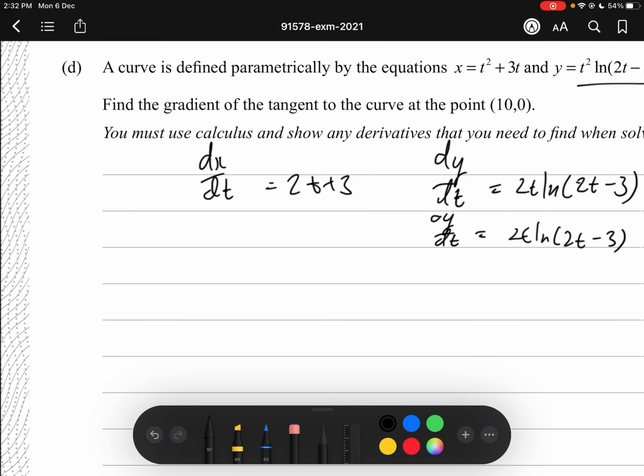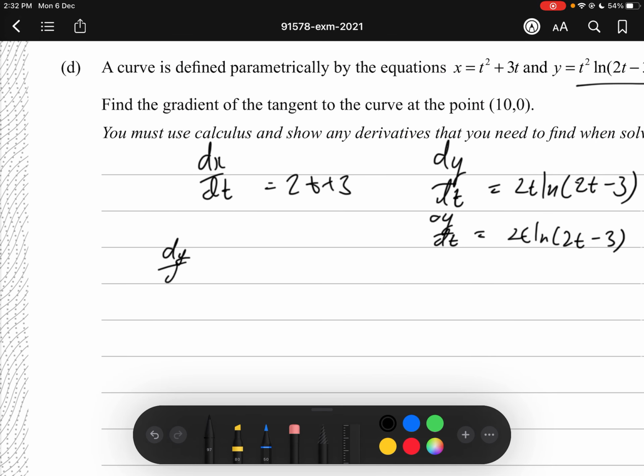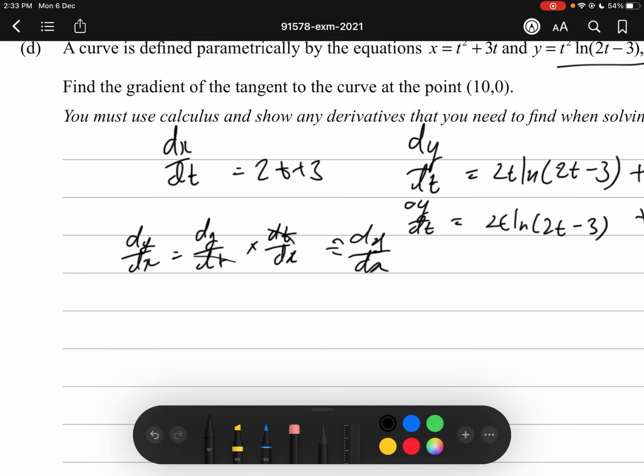To find dy over dx, we say that dy over dx is equal to dy over dt times dt over dx. We have dx over dt, so to get dt over dx we just need to find the inverse. So in this case, dt over dx equals 1 over 2t plus 3.